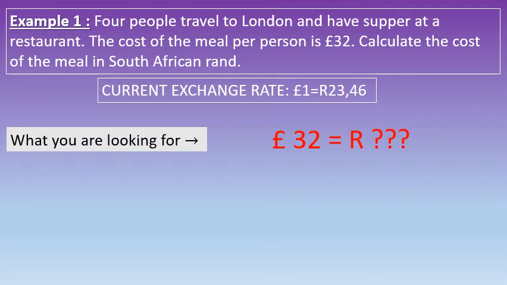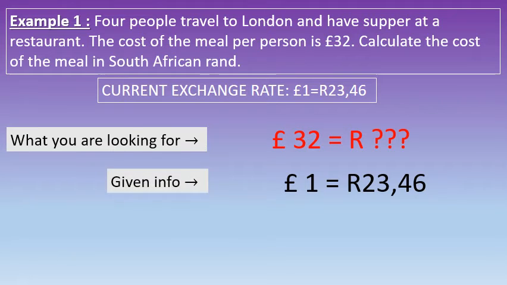So in the next part, we need to write down the information we have been given. We've been given the exchange rate of £1 equals 23 rand and 46 cents. And now we can apply our D is divide down. So to get from 32 pounds to 1, we've got to use those two numbers with a lovely divide in the middle.